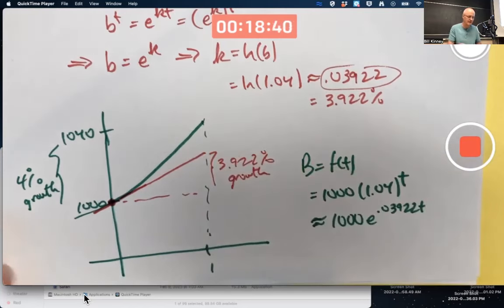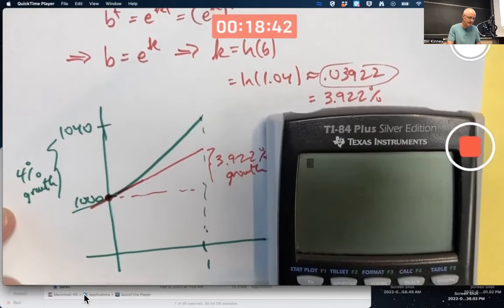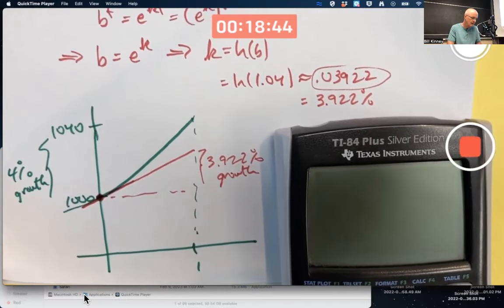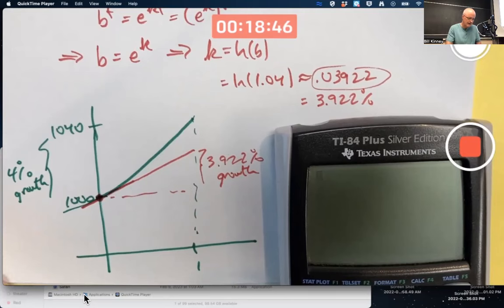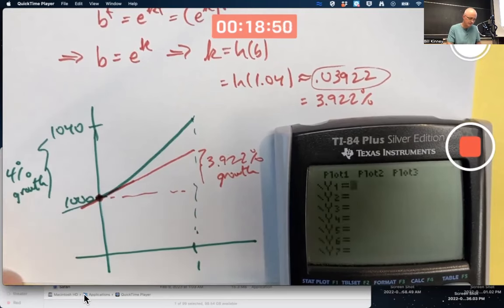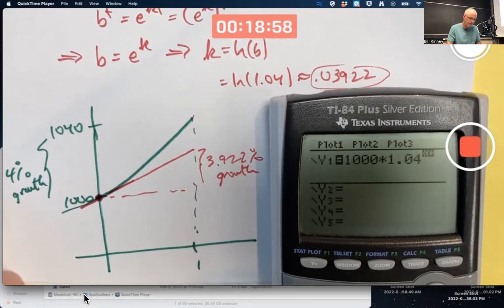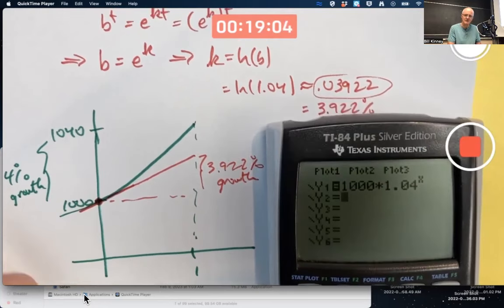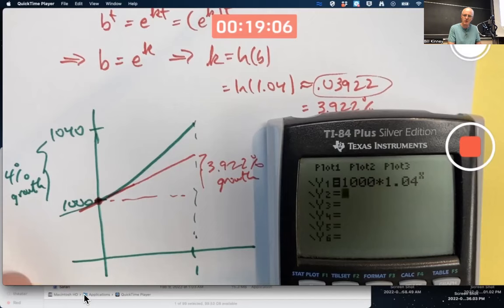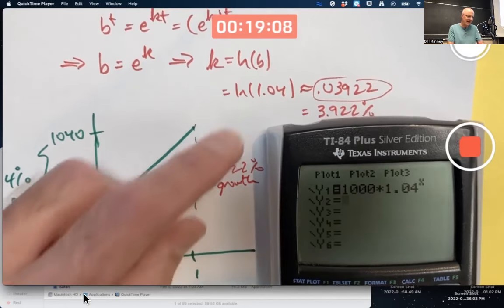I can show you it on the calculator here. Let's see, is that worth doing here? I think it's worth doing. We might not even see a difference between them. So if I did 1000 times 1.04 to the x power and compared it with a graph of a line with the appropriate slope, and it turns out the slope would end up being 1000 times this.